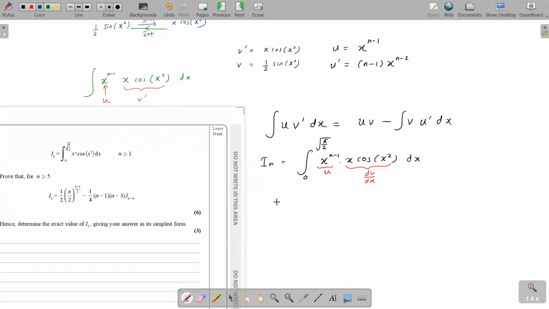So let's integrate. When you integrate, what do you get? uv minus the integration of v u dash. So u is x to the power n minus 1, v is half sine x to the power 2, and u dash is n minus 1 times x to the power n minus 2.